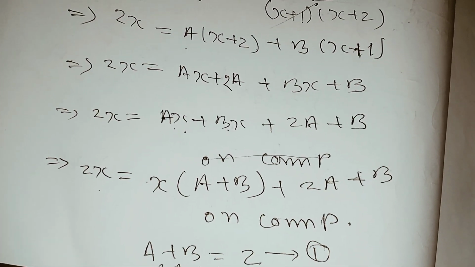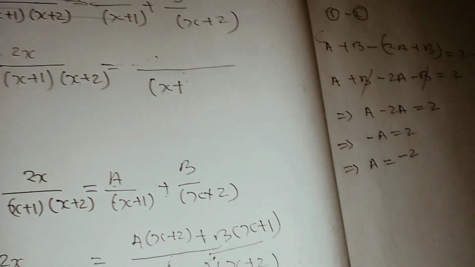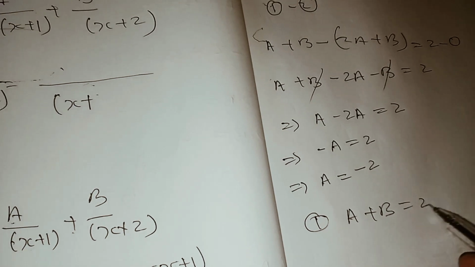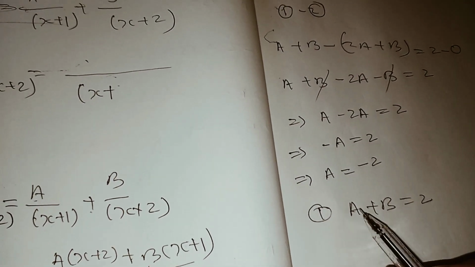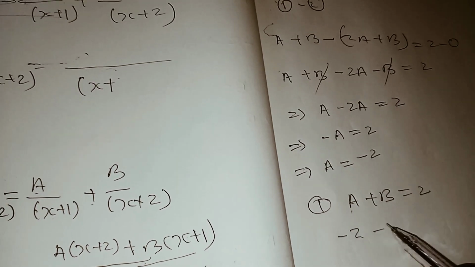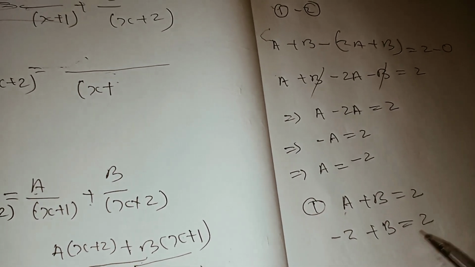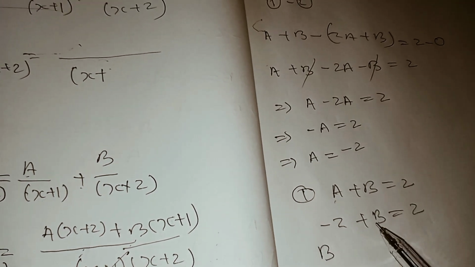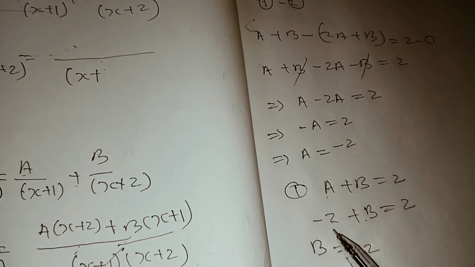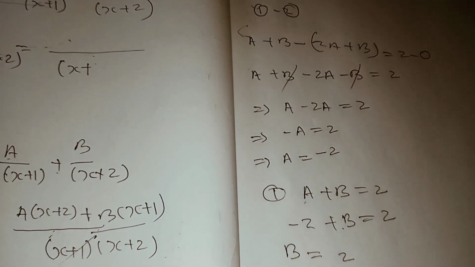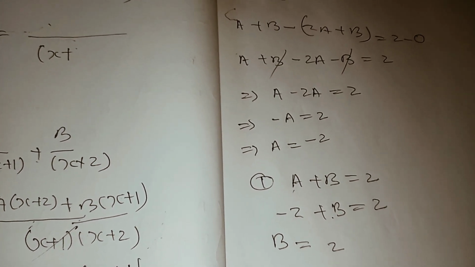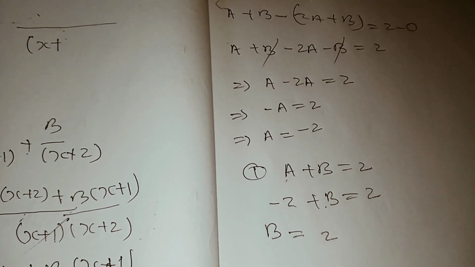So this value we have to put in any equation. My choice is the first equation. So a plus b is equal to 2. Just put the value in equation number 1. Instead of a we can write minus 2 plus b is equal to 2. So b is the same and 2 also the same, but when you take this minus 2 to the right side of the equal sign, the sign will change.